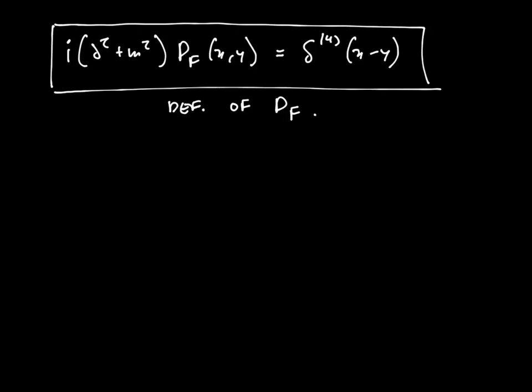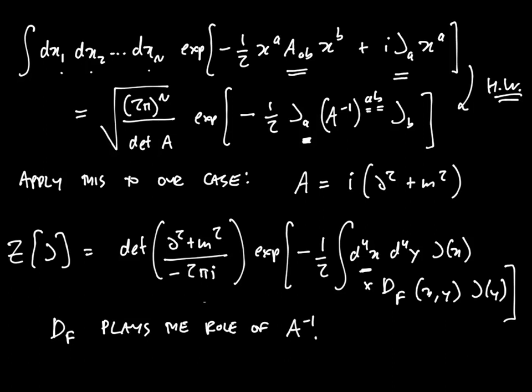Let me go back to this expression here. So there's a couple of things to digest here. So first of all, let's note that the path integral is asking us to compute the determinant of a differential operator. You might wonder, what is that? What is the determinant of a differential operator?